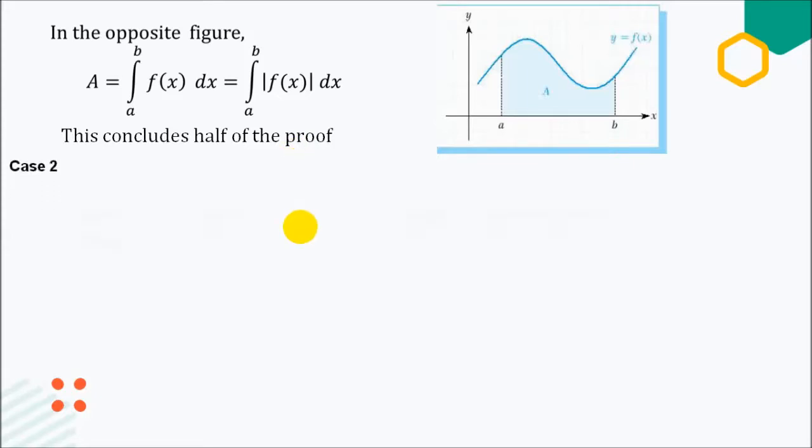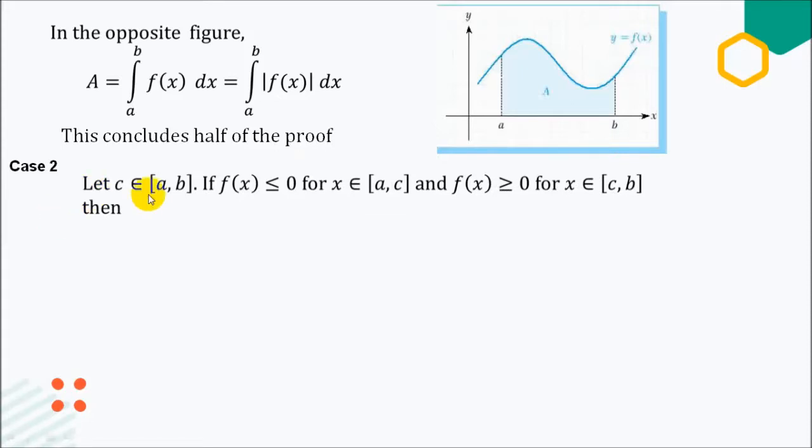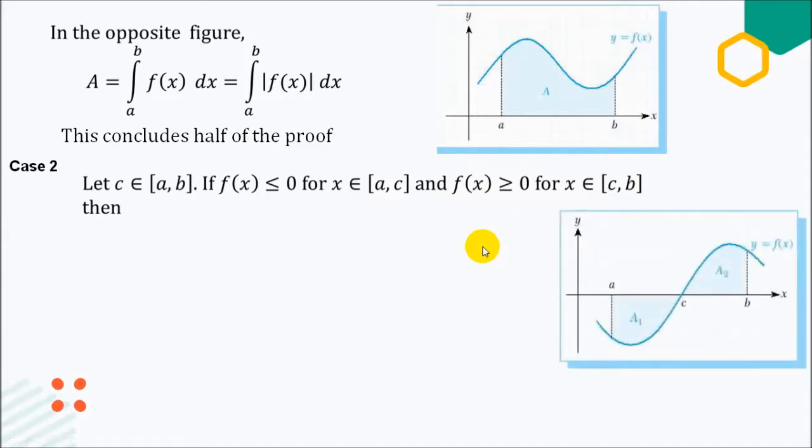We have case 2. Let's see, c is a member of a and b. So for this f(x), for example, f(x) is less than or equal to 0 for x in a and c, and then f(x) is greater than or equal to 0 for x in c until b. So we can get this function.